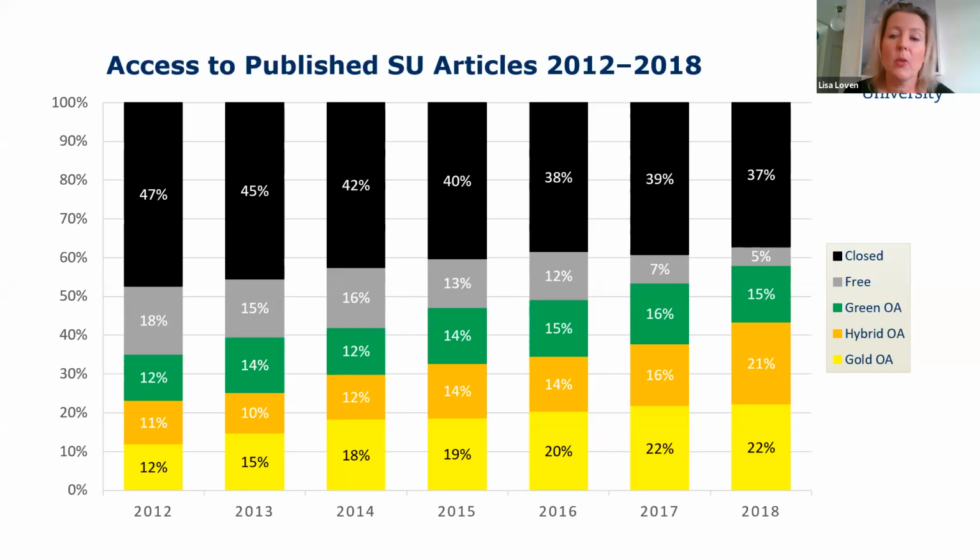And in 2018, the share of immediate open access articles had increased to 43%. We don't have the final figures for 2019 yet, but it will be very interesting to see. We, of course, hope that it will be more than 43%, maybe 50%, I don't know yet.